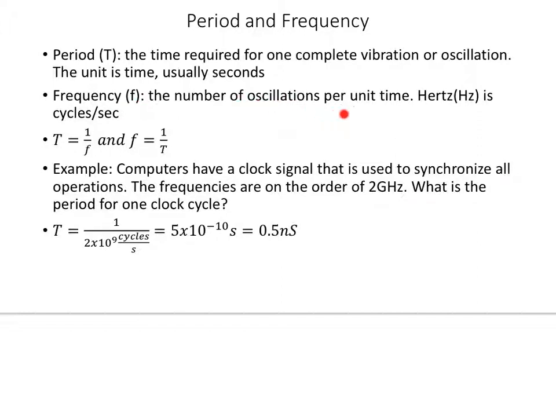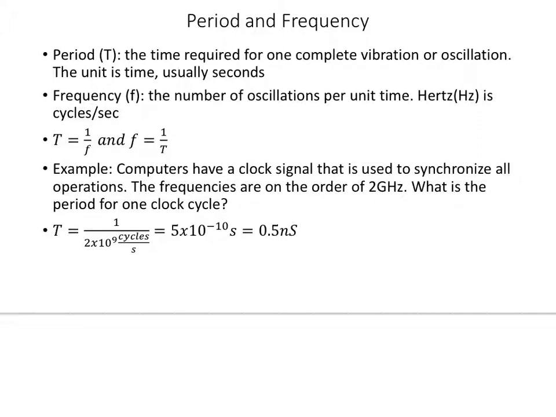Frequency is the number of oscillations per unit time, and the unit here is a hertz. A hertz is a cycle per second. Very importantly, period and frequency are reciprocals of each other. T equals 1 over f, f equals 1 over T.